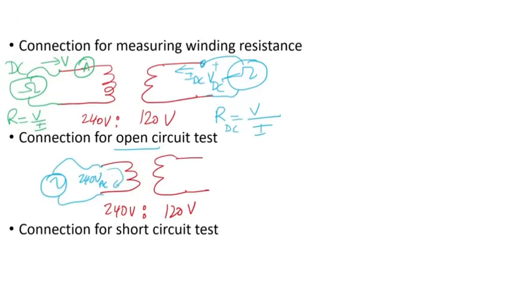Some current will flow, and that's the excitation current. Then you can measure both: have a voltmeter connected here, and an ammeter to measure that current.